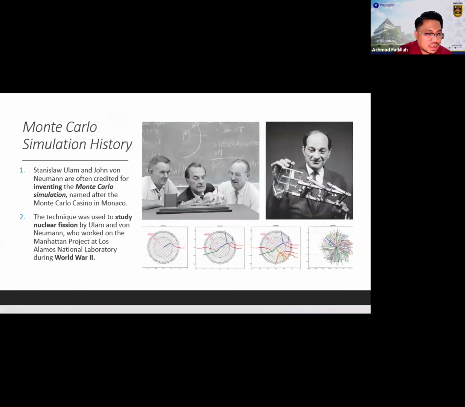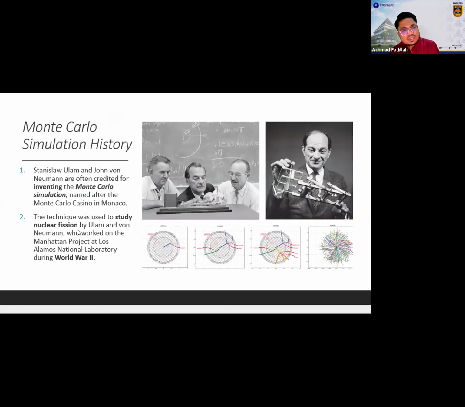I already mentioned that it's not based on mathematical modeling or statisticians. This is the Monte Carlo simulation history. Previously, Stanislaw Ulam and John von Neumann were the inventors of this simulation modeling, or Monte Carlo simulation modeling.